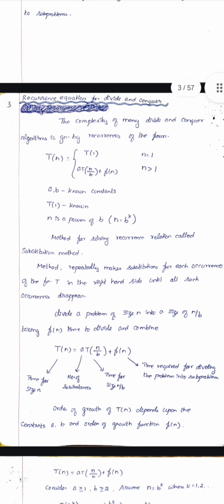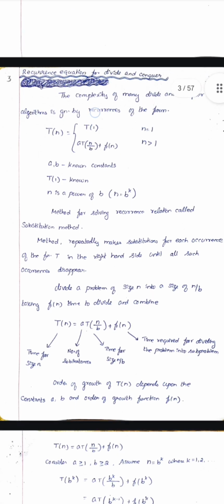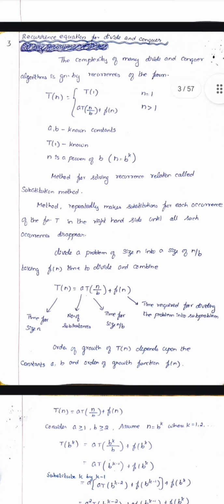The complexity of many divide and conquer algorithms is given by recurrences of the form T(n) = T(1) if n = 1, and aT(n/b) + f(n) if n > 1, where a and b are known constants, T(1) is known, and n is a power of b, n = b^k. The method for solving the recurrence relation is called the substitution method, where we repeatedly make the substitution for each occurrence.